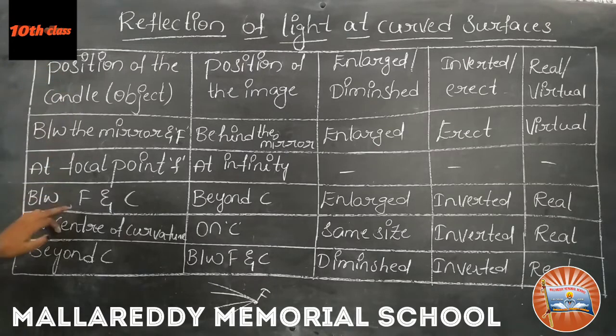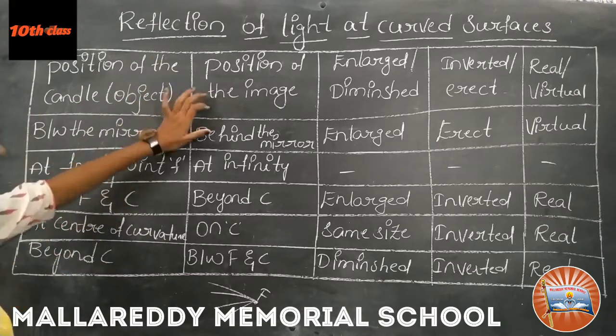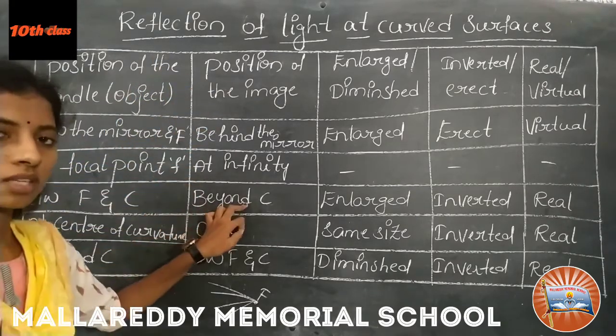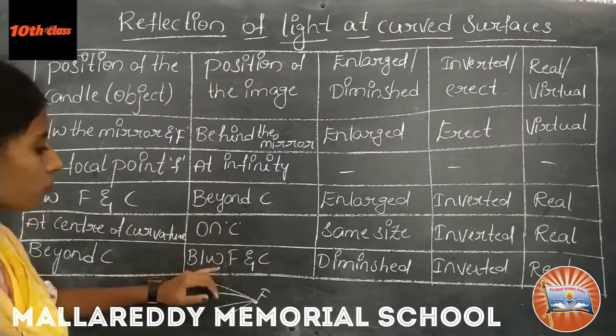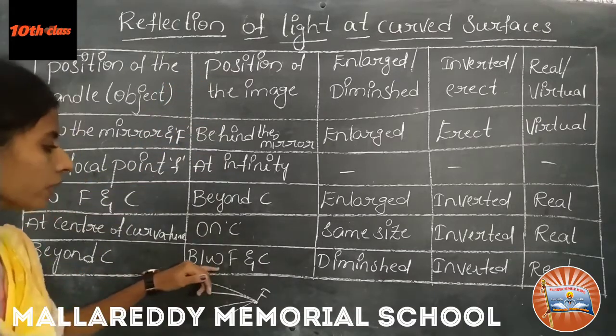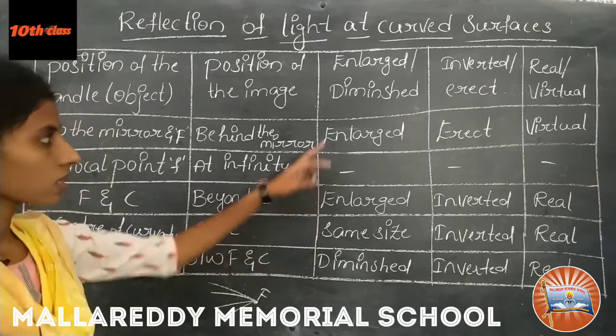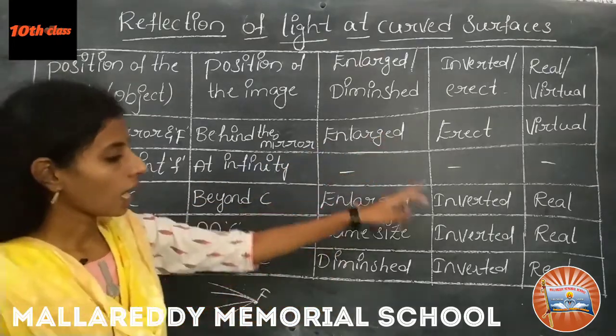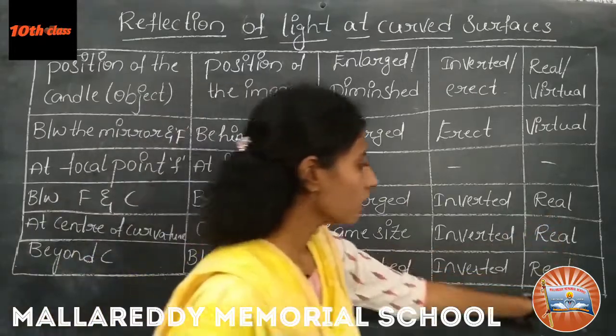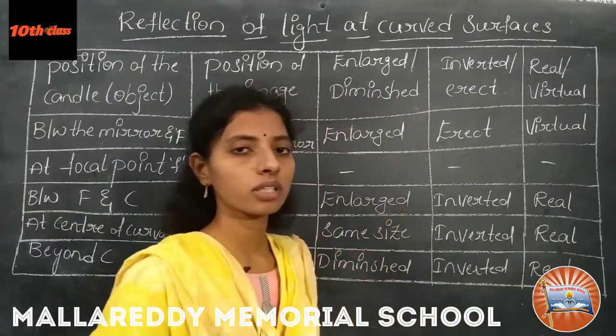So when the object is between F and C, the image is beyond C. When the object is beyond C, the image is between F and C. This time the image is diminished, inverted and real.